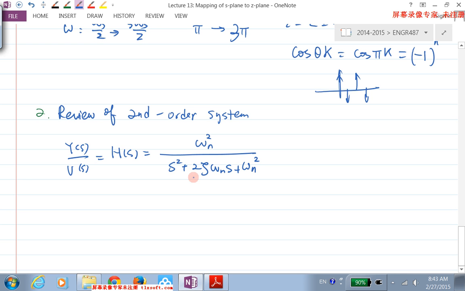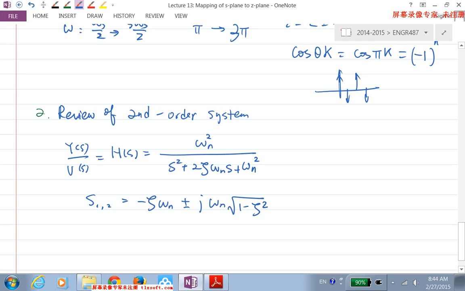First of all, where is the pole location? As you probably know, zeta is the damping ratio and omega n is the natural frequency. The poles of this system, s1,2, are two complex poles in general: negative zeta omega n plus or minus j omega n times the square root of 1 minus zeta squared. That's a second order system.